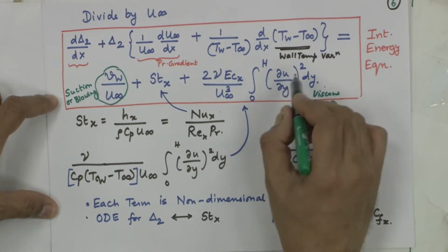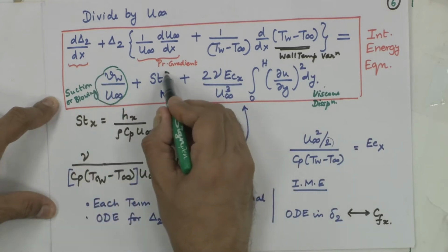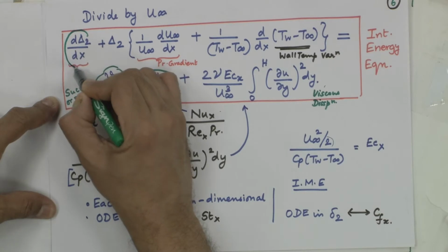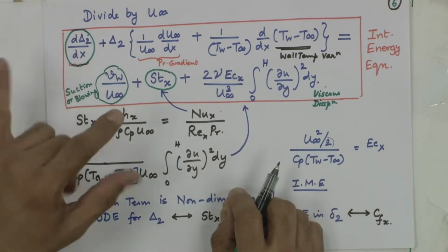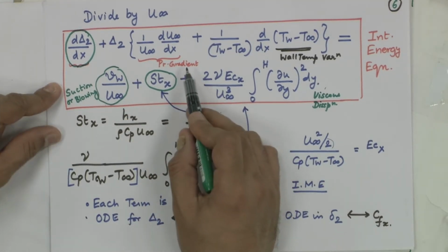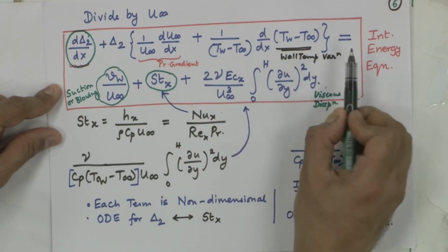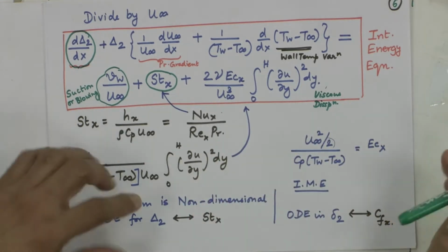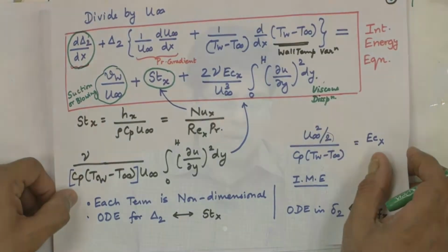So, this is a very general expression which relates the heat transfer coefficient, which is a Stanton number, to the rate of growth of the enthalpy thickness along the flow direction. This is for the most general case of varying free stream velocity or imposed pressure gradient, varying wall temperature with suction or blowing, and viscous dissipation. Now, to solve this is beyond the scope of an undergraduate class.